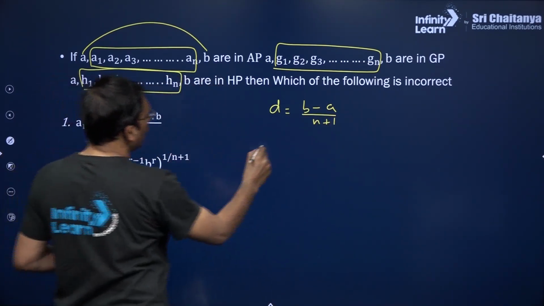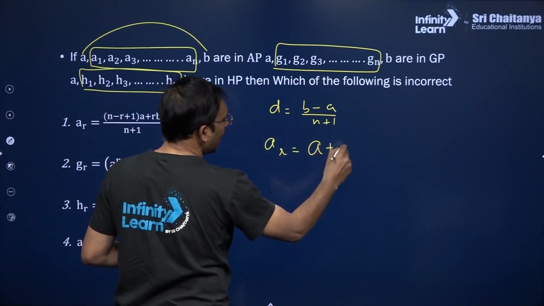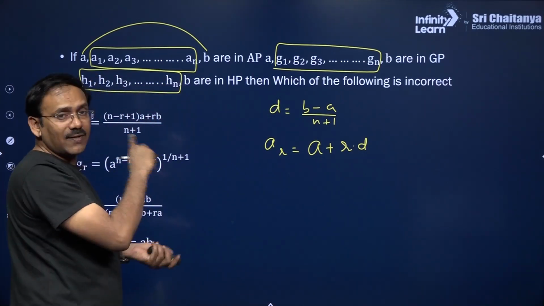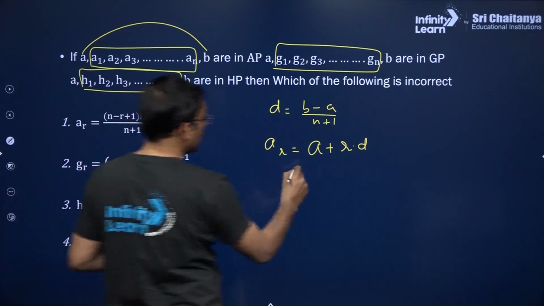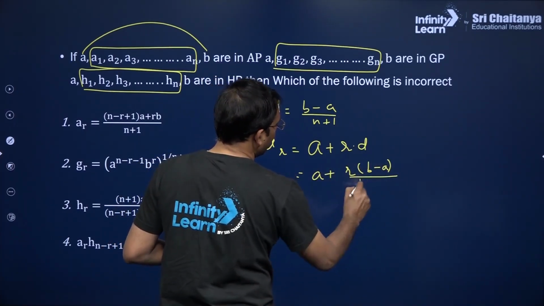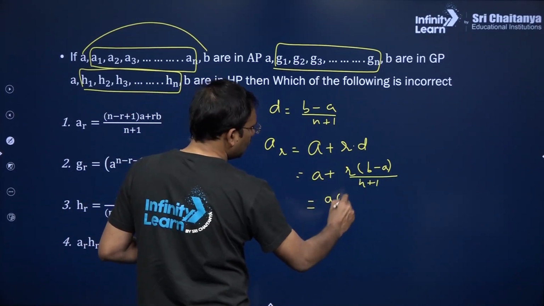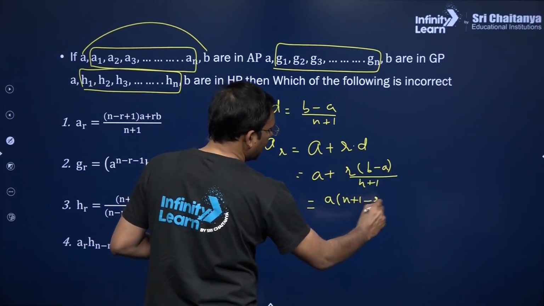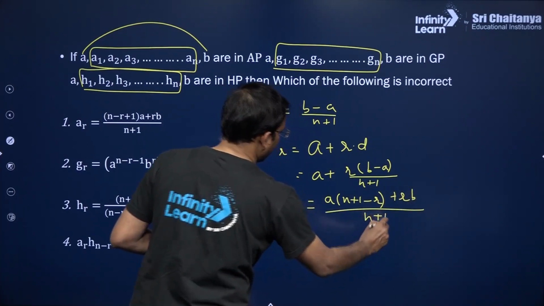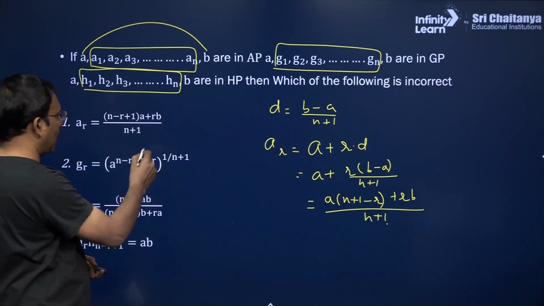Then if you want rth term, rth arithmetic mean, this is nothing but a plus r into d, my dear friends, because a plus d is A1, a plus 2d is A2, like this, which is a plus r into (b minus a) by (n plus 1). You just simplify, my dear friends, you will get a into (n plus 1 minus r) plus r into b, by (n plus 1), my dear friends. That is what you got, a into (n plus 1 minus r) plus rb by (n plus 1).